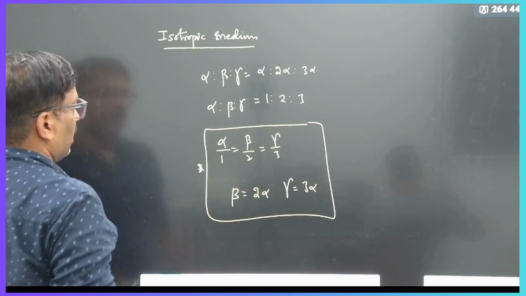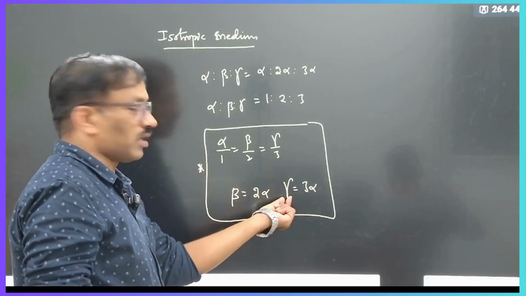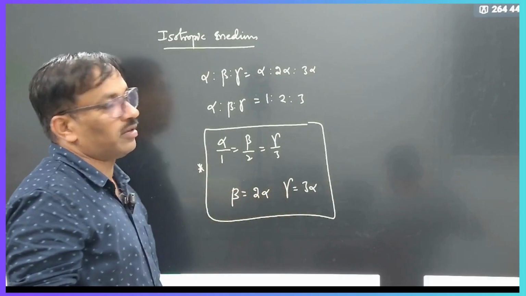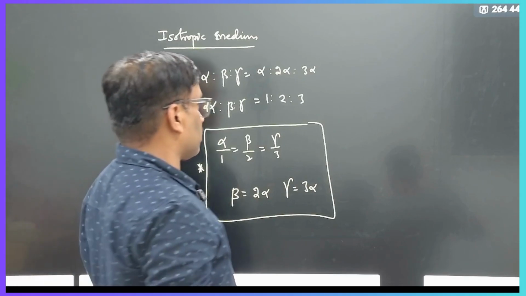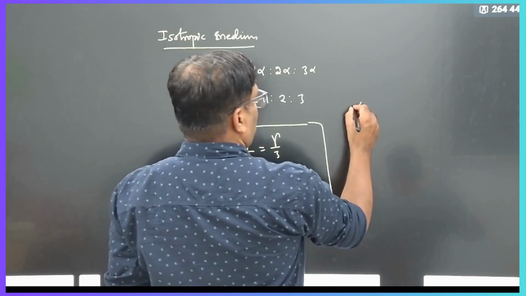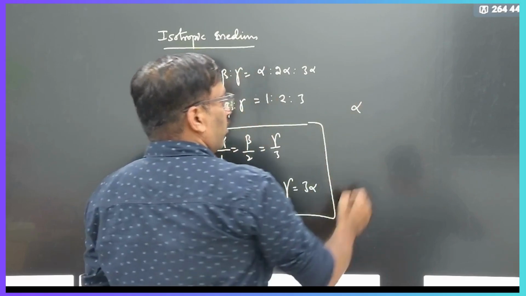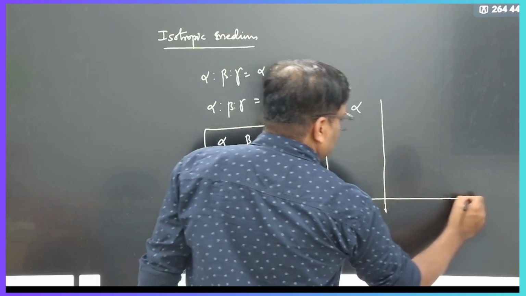So mostly linear expansion is used; this is your cubical expansion, and this is your superficial expansion. This alpha value is not constant. It changes with respect to the temperature.